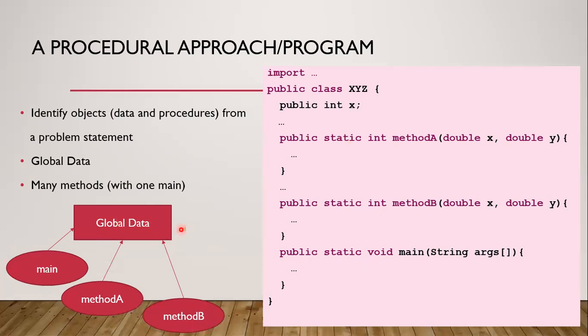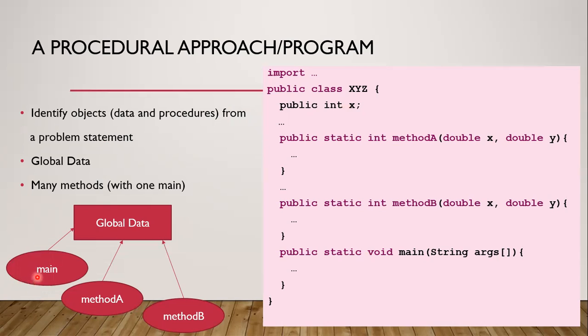The issue with this is that the global data is not the property, not under the ownership, of any of these procedures. So they all have equal rights to access, to read, and to write back to the data. This is procedural programming languages. Now, the unit of program in a procedural programming language is a procedure, because a procedure is the main meaningful processing of the data.